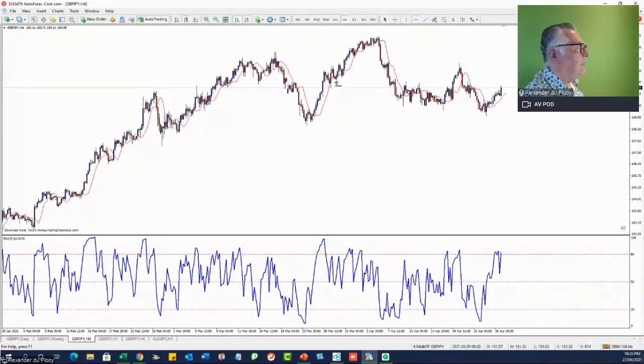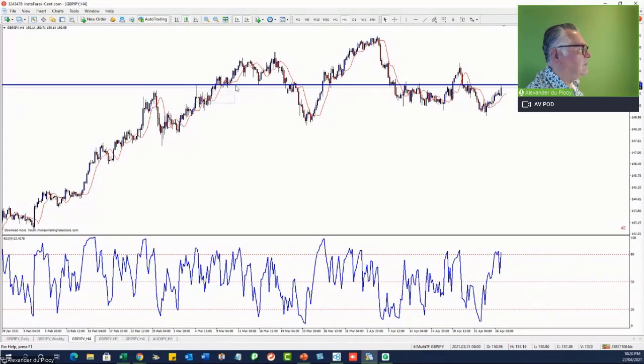A bit of resistance ahead. You see, there's a support and resistance line, and it's right there. The signal is buy, but it has to break through that resistance, and then even if it breaks out through there, there's probably another one somewhere over there.